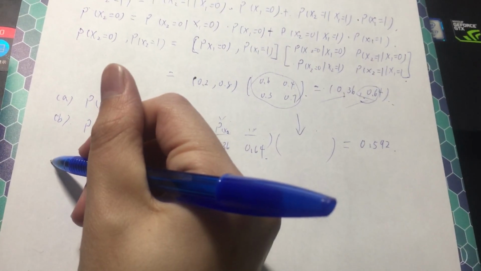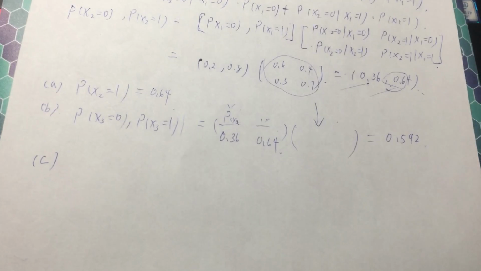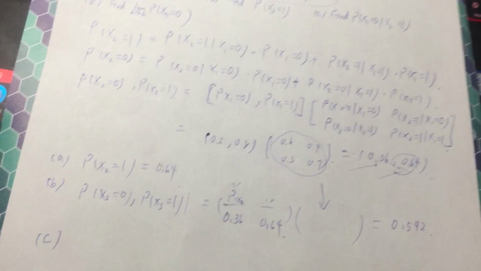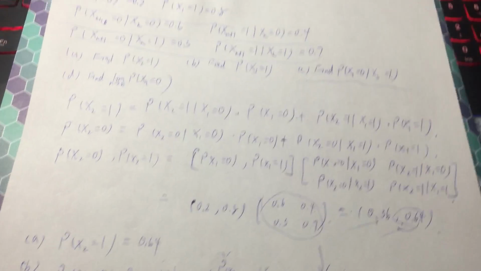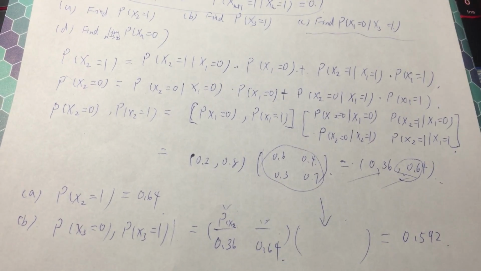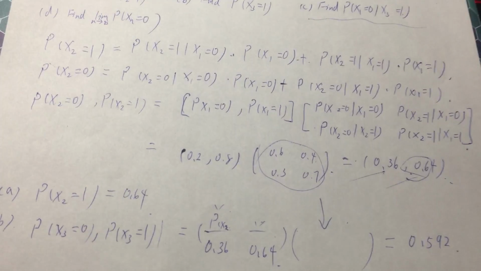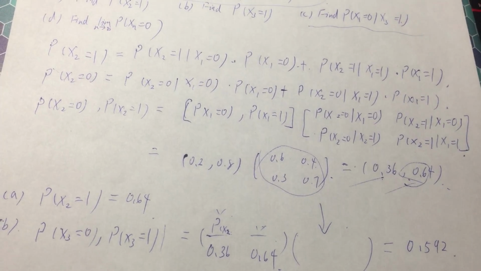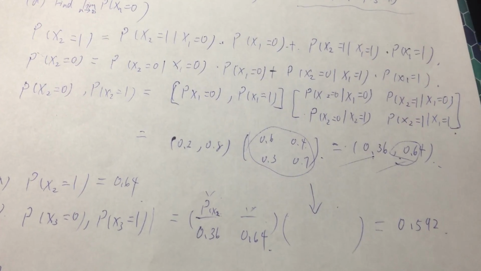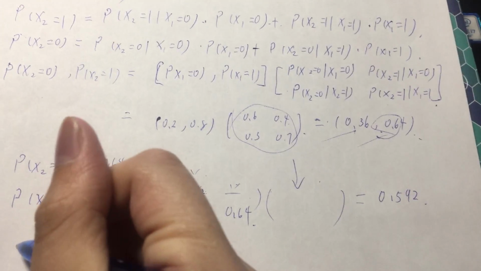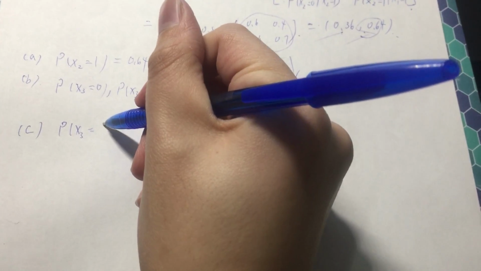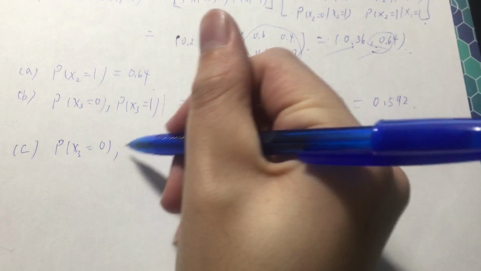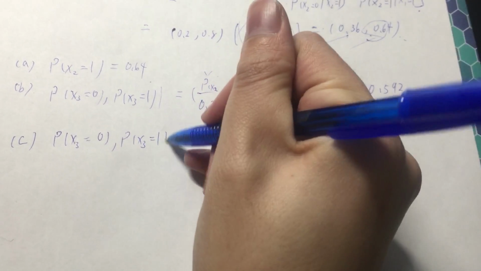We can start with part C. Part C requires you to find the probability x1 equals 0 given x3 equals 1. So we can also list the matrix P(x3 = 0), P(x3 = 1).